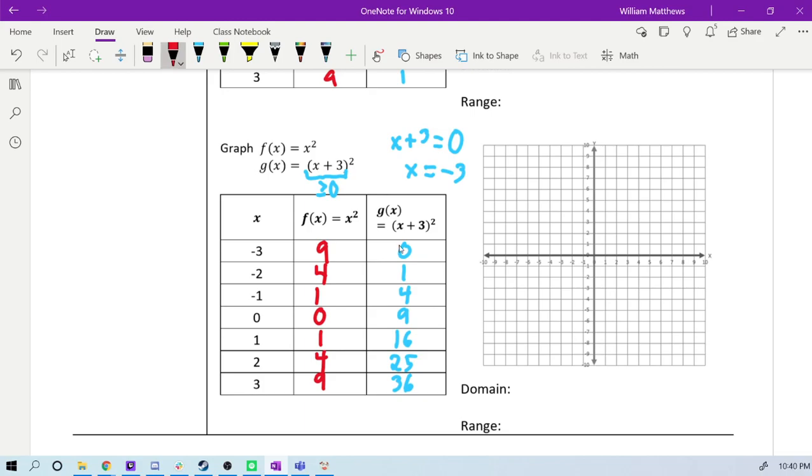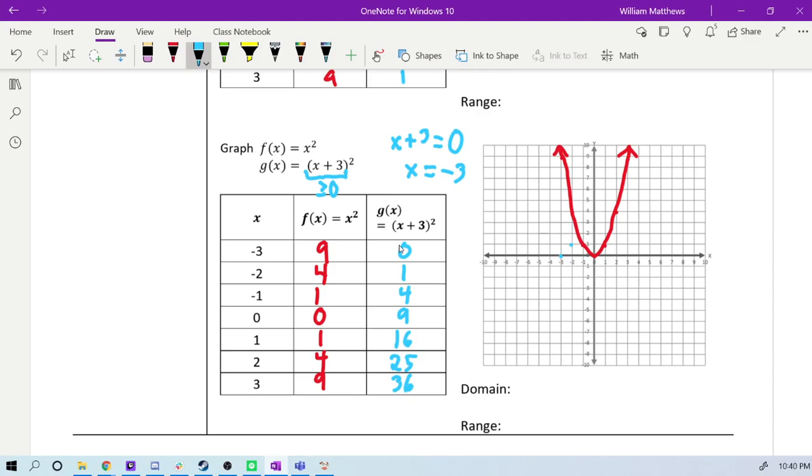So quickly to plot this out on this graph. First, we'll start with our parent function. Same values as always. I just hope I can draw a good enough parabola. Now, if I look at these values, at -3, we're starting at 0.